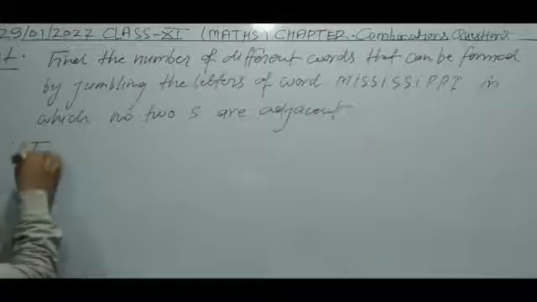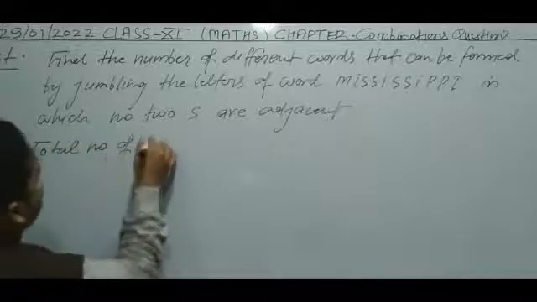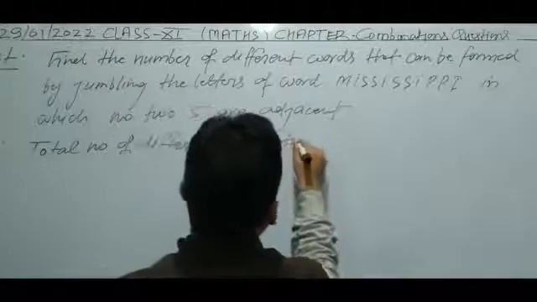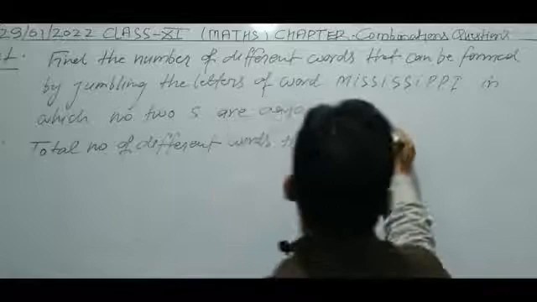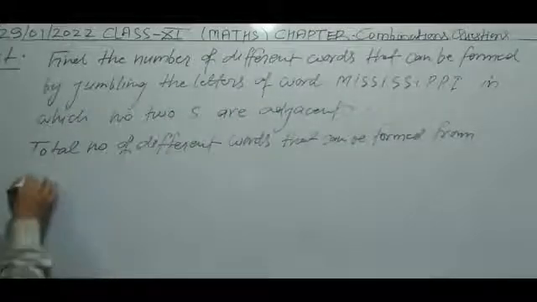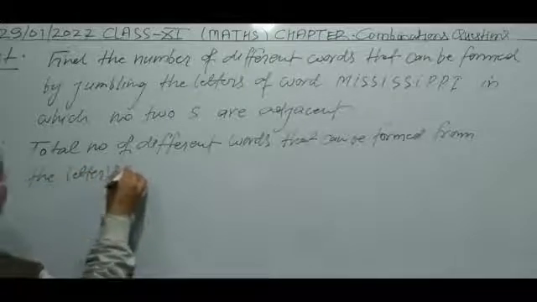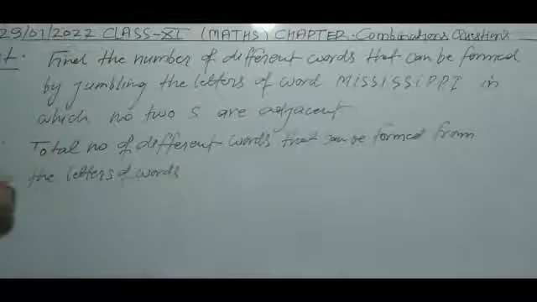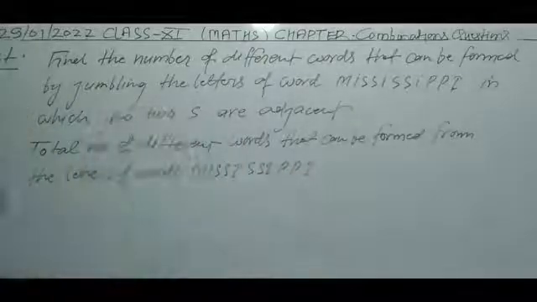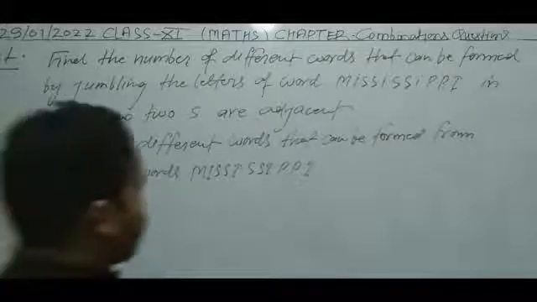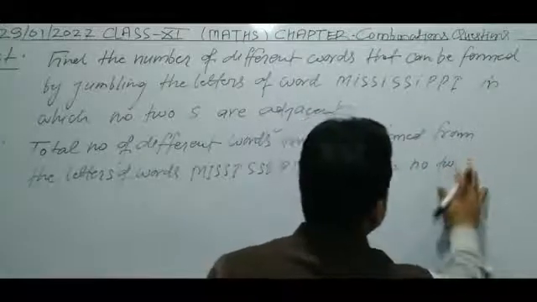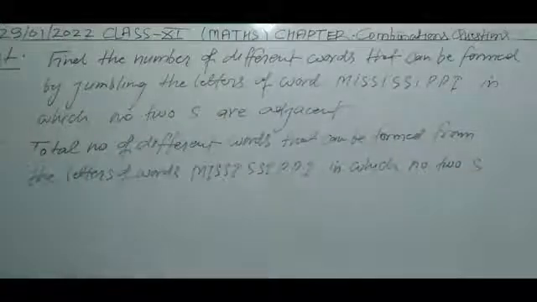The total number of different words that can be formed from the letters of the word Mississippi in which no two S are adjacent.